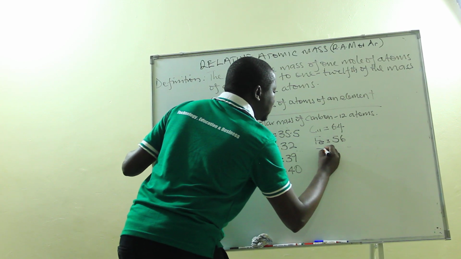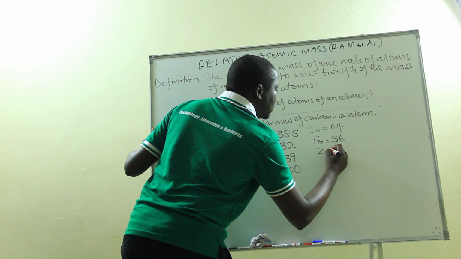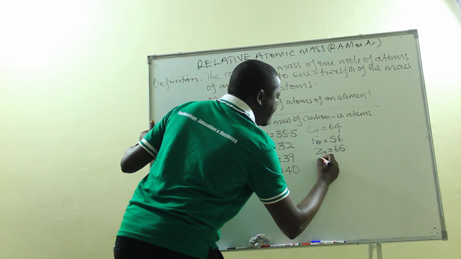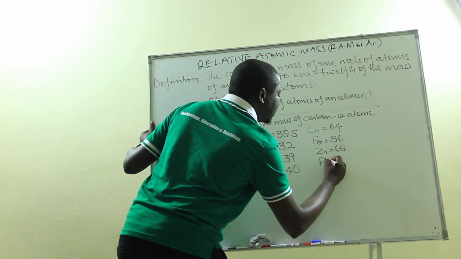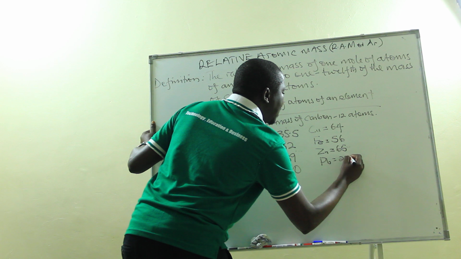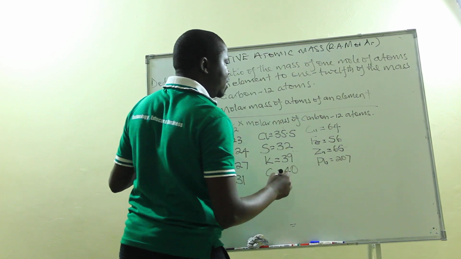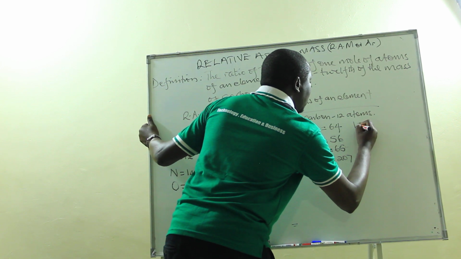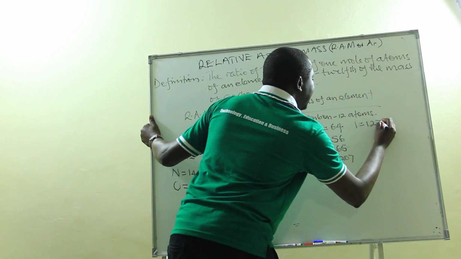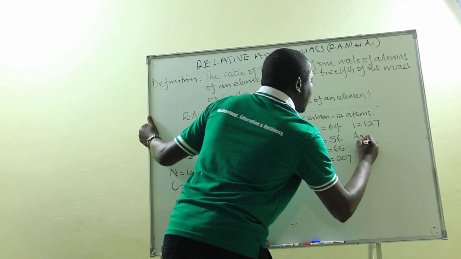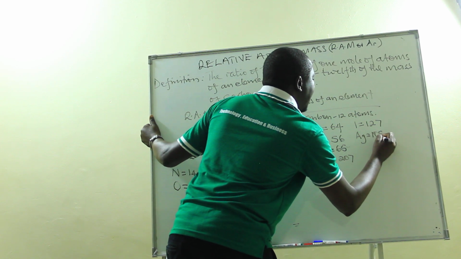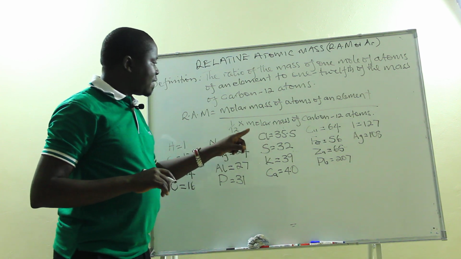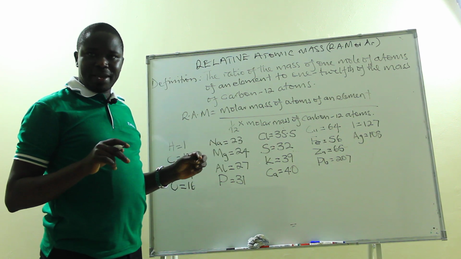Let me also use zinc with 65. Let me use lead with 207. Let me use iodine with 127. Silver with 108. So these are the relative atomic masses of elements.